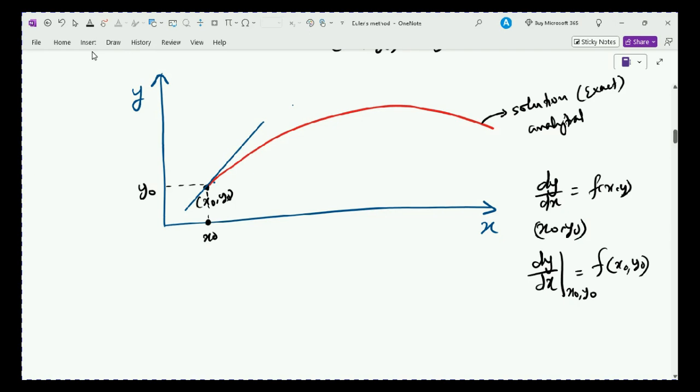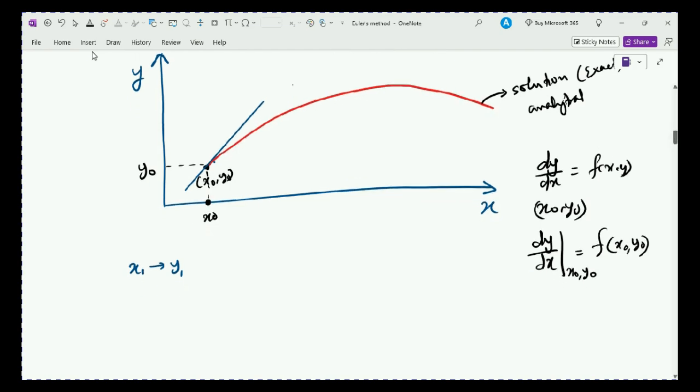Okay, so now from this, we can find out what is the solution at a neighboring point. If we take a point x1, the corresponding solution y1 can be obtained from this slope. If we write the equation for the slope like this, dy by dx at x0 y0, which we already know, is written as y minus y0 divided by x minus x0.